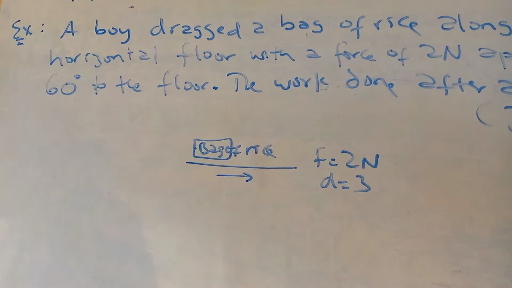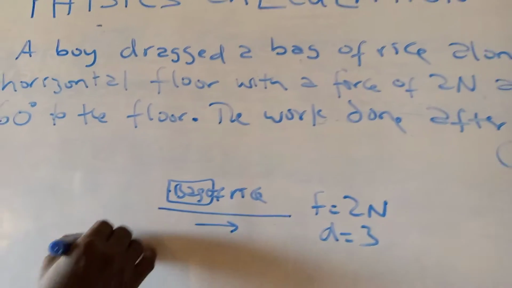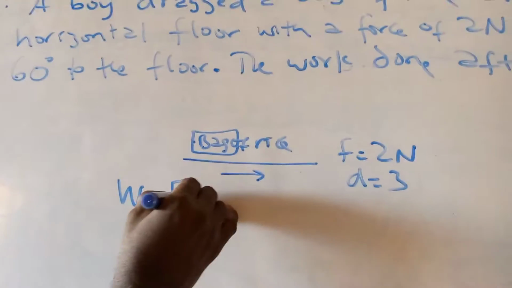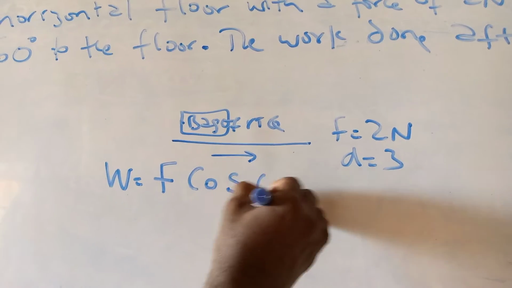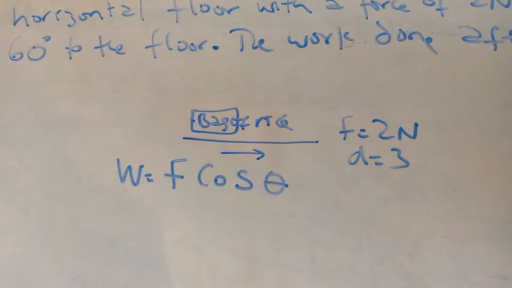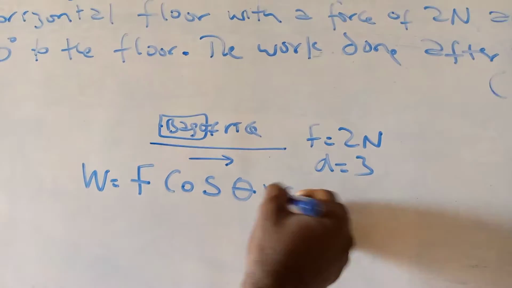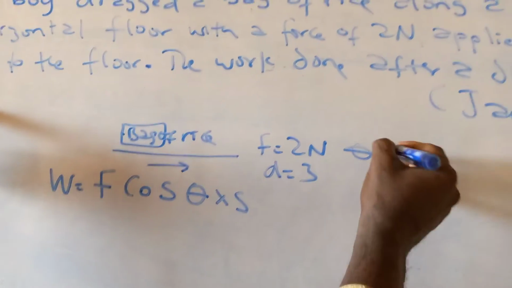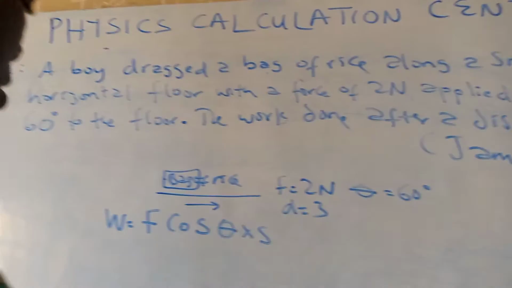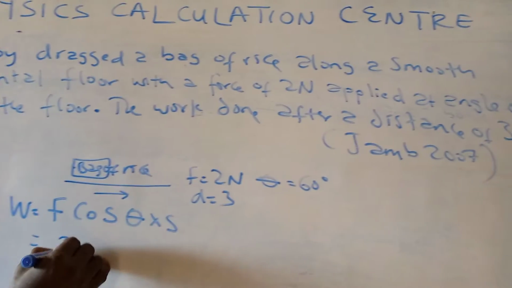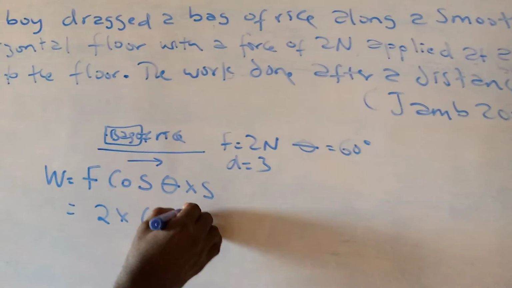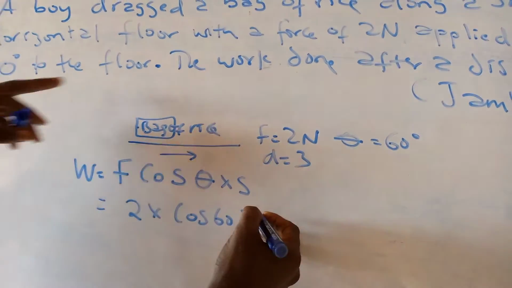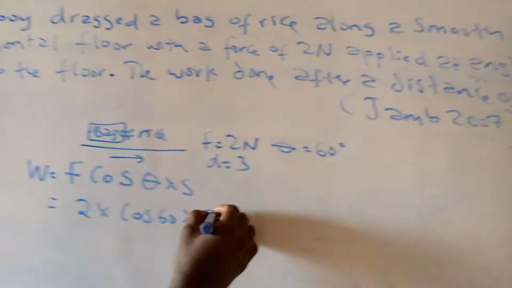Now, remember that work done on the horizontal is F cos theta times the distance. Theta in this question is 60 degrees. So you say 2 times cos 60 times the distance covered, which is 3 meters.